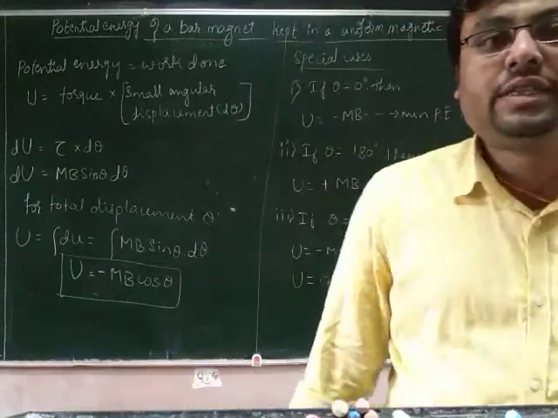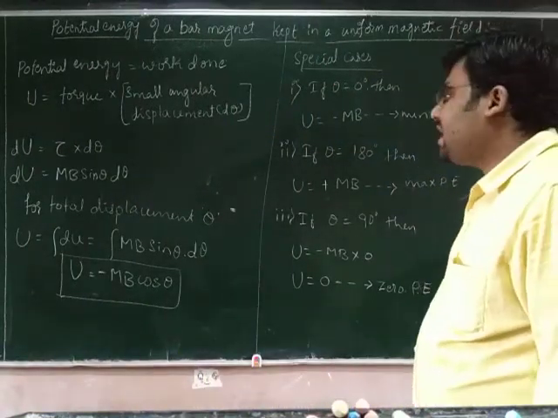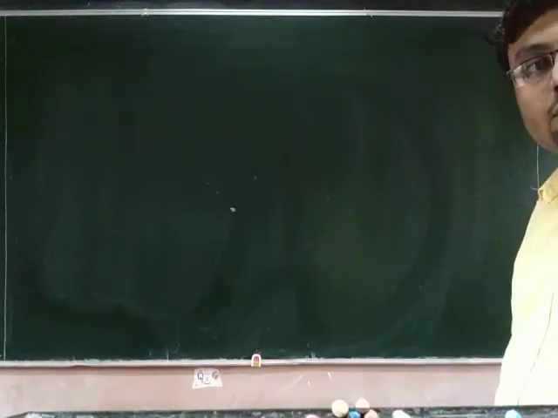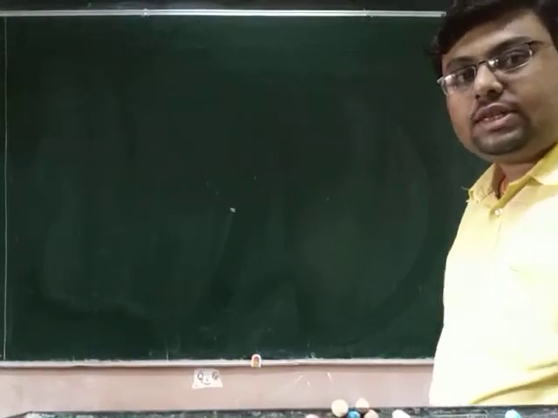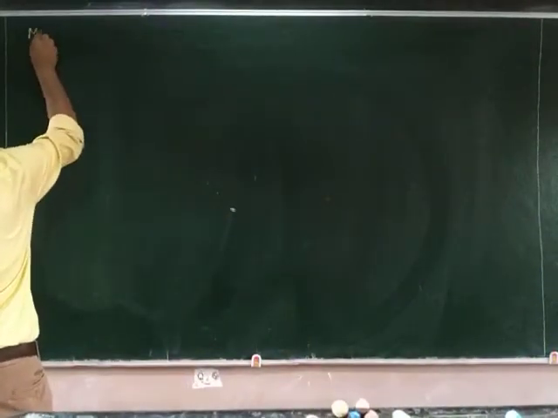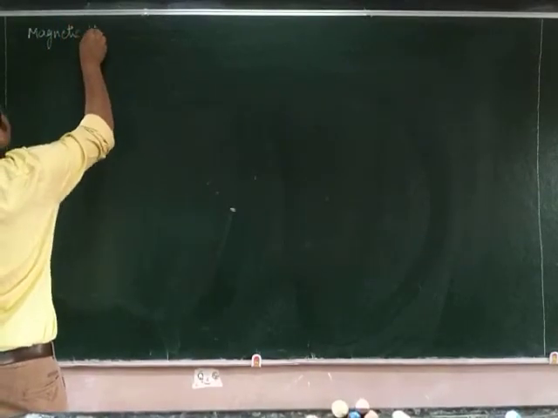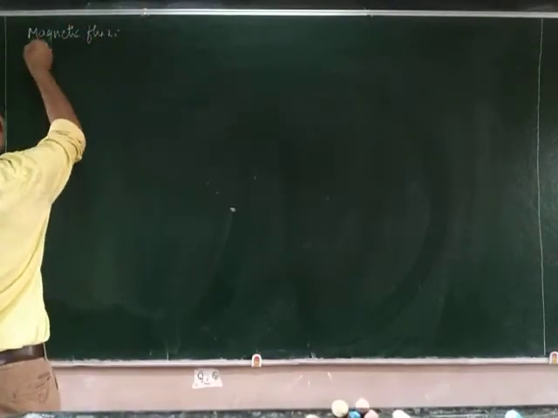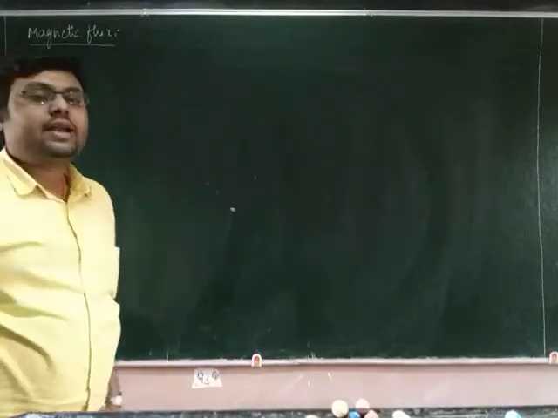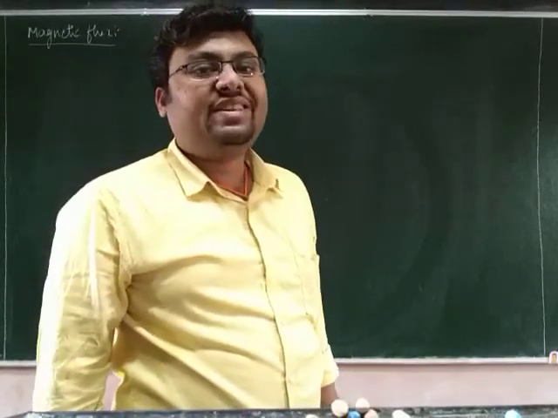Okay. Next, we'll go to the next concept, that is magnetic flux. What do you mean by magnetic flux? Magnetic flux is the number of magnetic field lines passing normally through any surface.